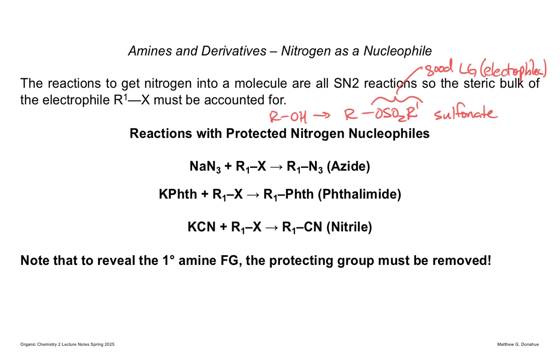So you can make an azide, a phthalimide, or a nitrile. And the next couple slides will show you some structures on how to do that. But again, the product you're making, as you see, is the word azide or phthalimide or nitrile. It's not an amine. So you have to do some other step to make it into an amine.